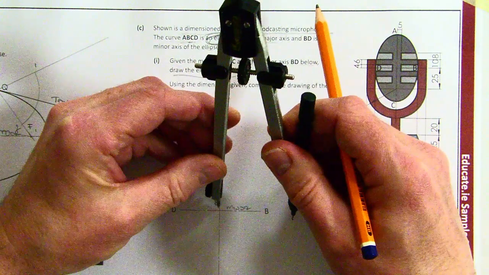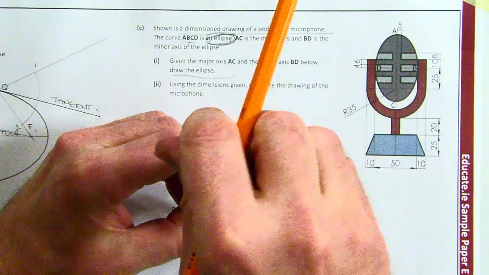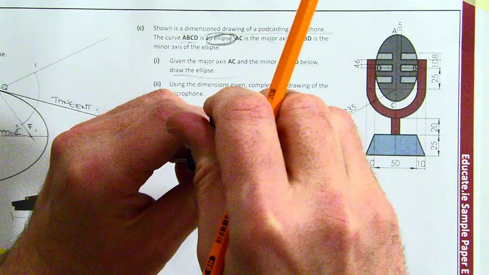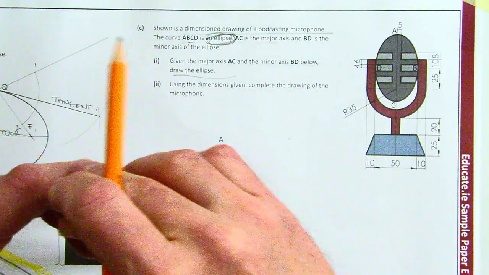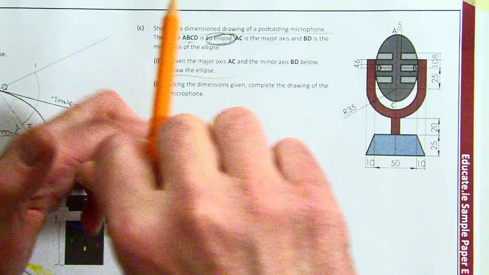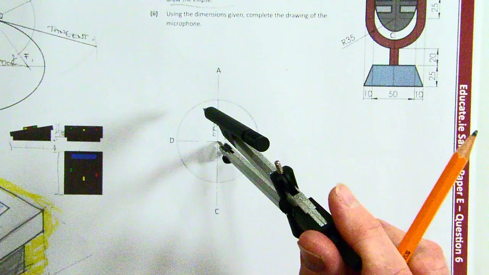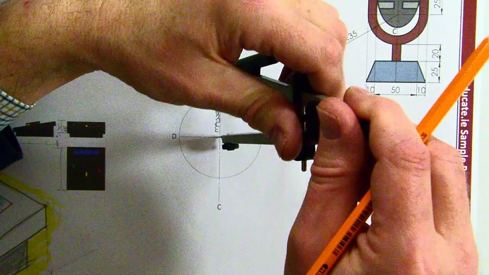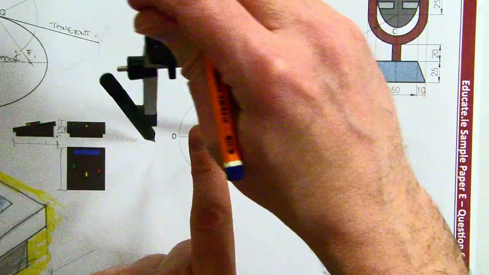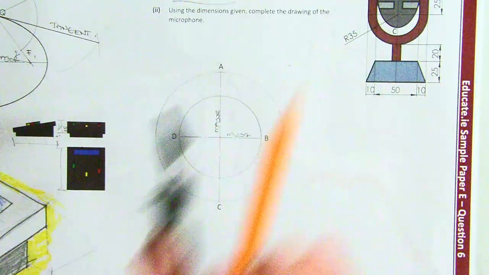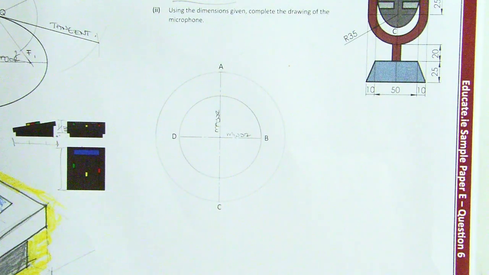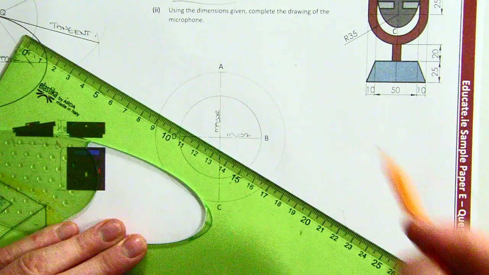Get your compass right into the center. You draw your minor circle. Draw your major circle. Get your 30-60.